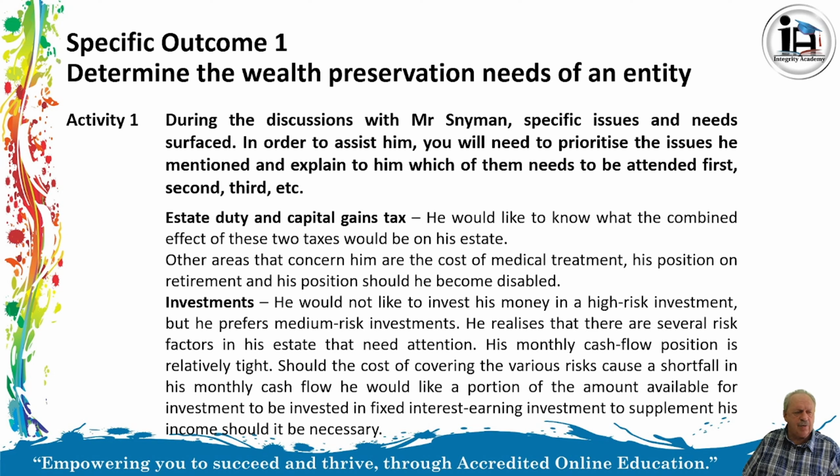His monthly cash flow position is relatively tight. Should the cost of covering the various risks cause a shortfall in his monthly cash flow, he would like a portion of the amount available for investments to be invested in fixed interest earning investments to supplement his income if necessary.